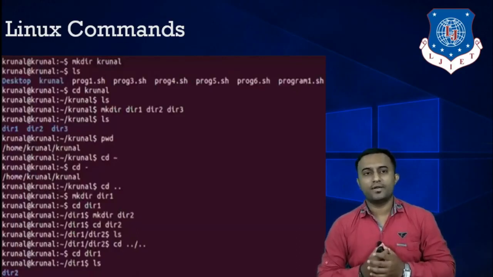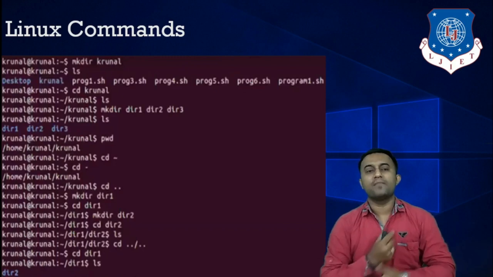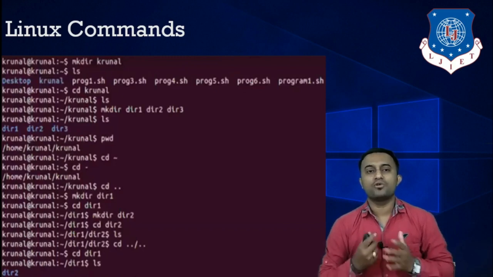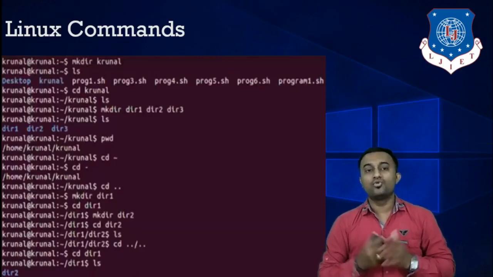The dollar prompt means that right now we are in bash shell, or Bourne shell. It is the default shell, and it also represents that we are in user mode, not in root mode.